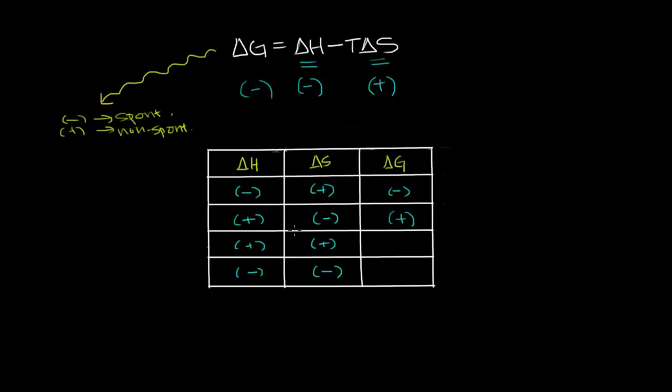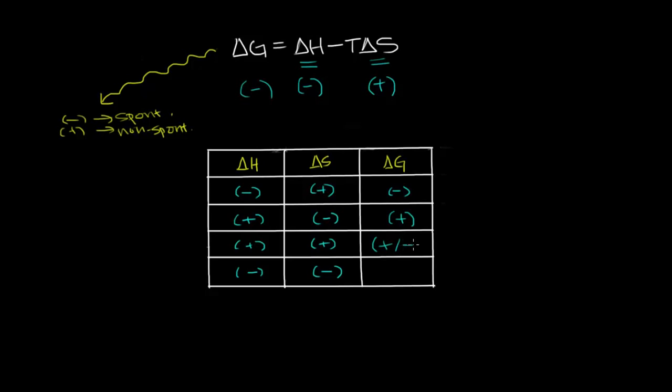But what about the case in which you have a positive number minus another positive number? Well, you might say it really depends on the relative magnitude of these two numbers, right? Because if you have a big positive number minus a smaller positive number, you would get a positive number. But if you had a small positive number minus a bigger positive number, you would get a negative number. So ultimately, it really depends.